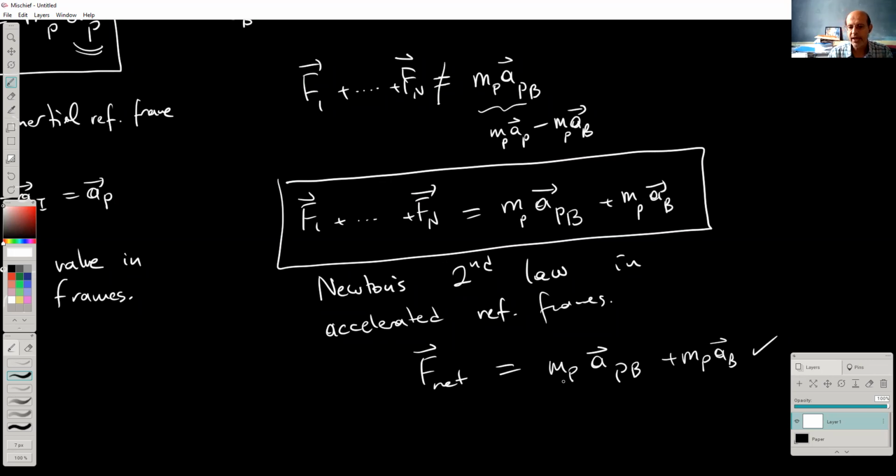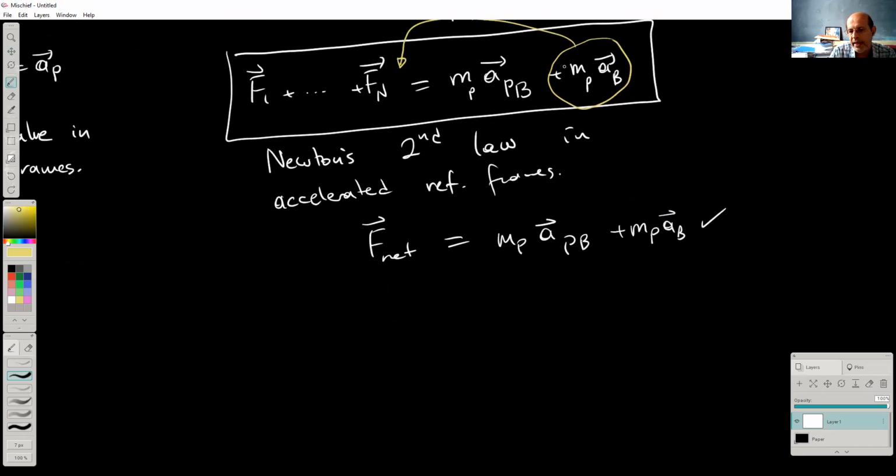In any case, the trick in here is to move this term to the left-hand side, to the side of the forces, and keep the right-hand side as mass times acceleration. If I count this as some kind of a force, then Newton's second law appears to be valid.